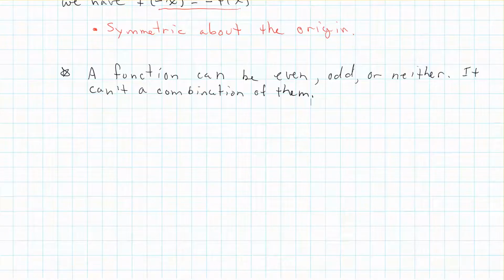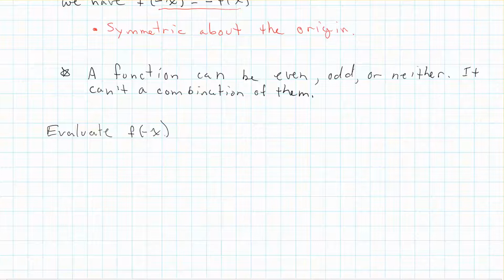Alright, so let's talk about how we'll first determine it. To determine if something's even or odd, we'll evaluate f at negative x and then ask ourselves some questions.